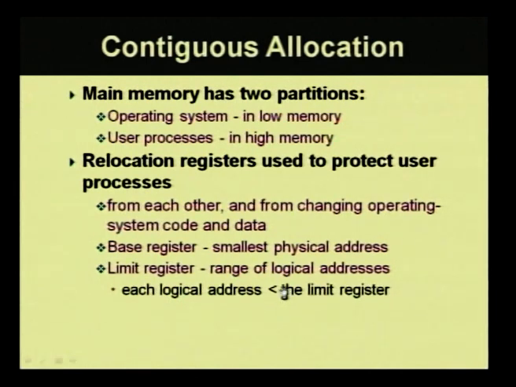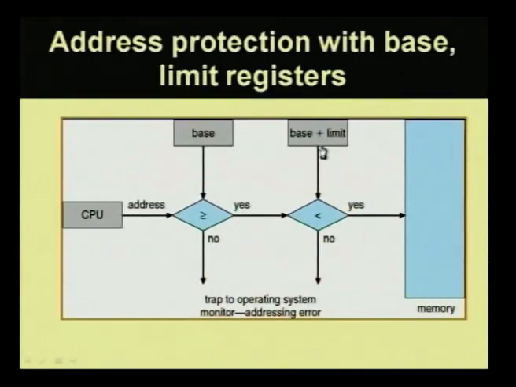That is, each logical address generated as a memory request, be it a read request or a write request, has to be less than the contents of the limit register, and therefore we call it the limit register. So this is how address protection happens inside your relocation registers.